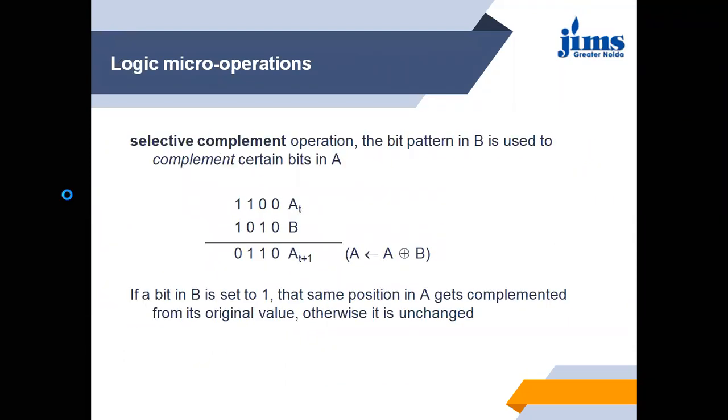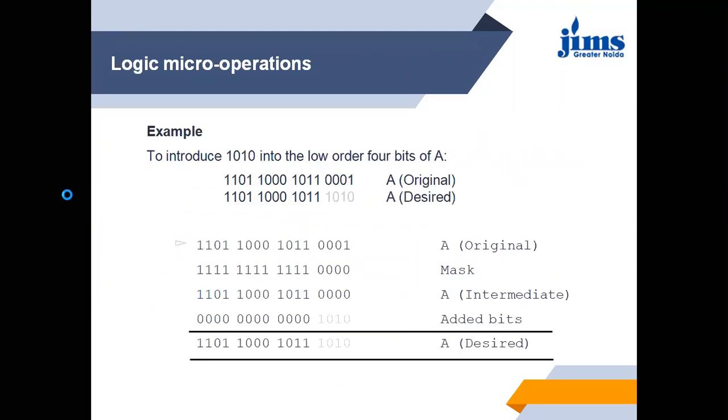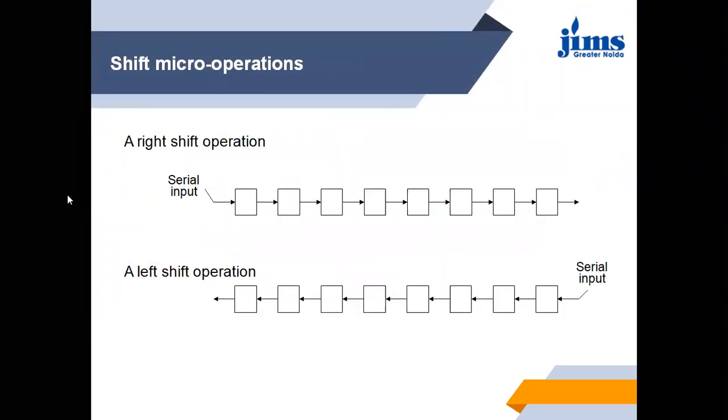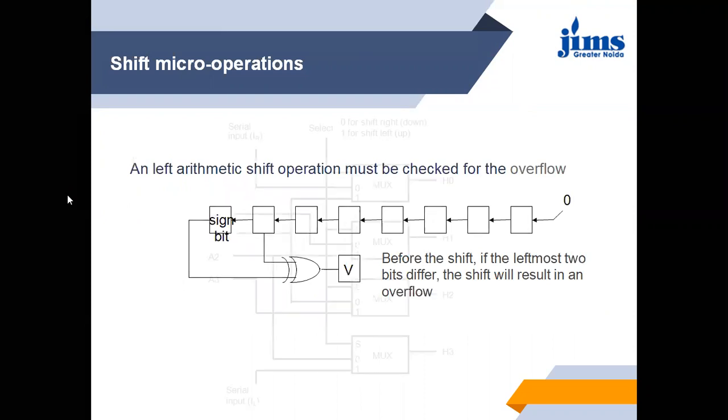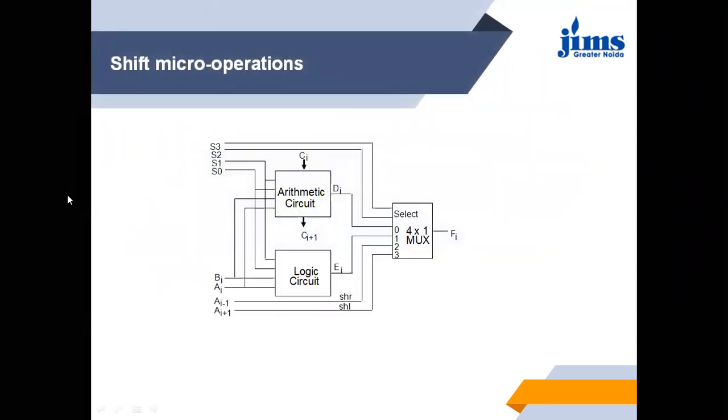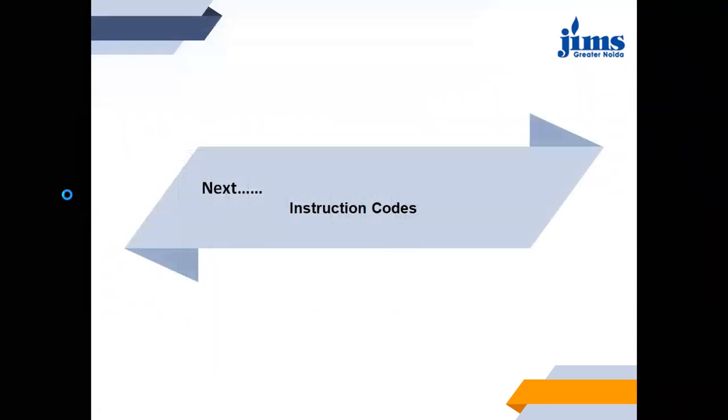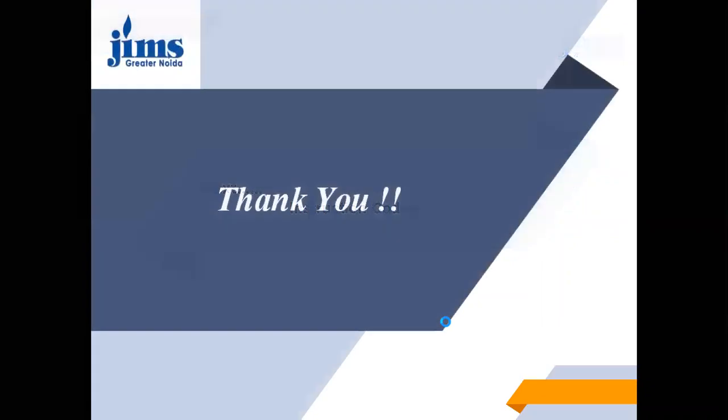We discussed the logic also, the shift also, and the arithmetic logic unit also. In the next class, we will discuss the second part of the first unit, that is instruction codes. Thank you.